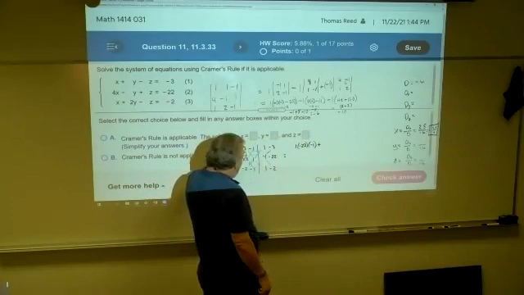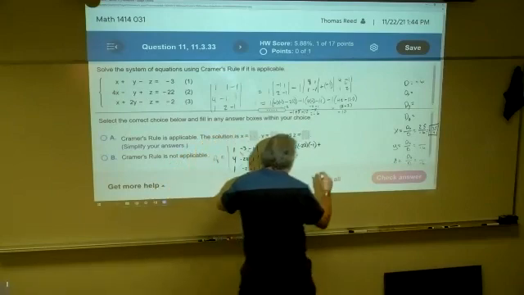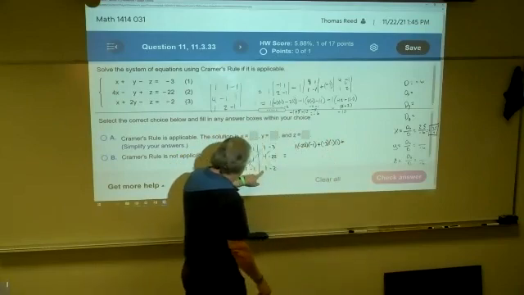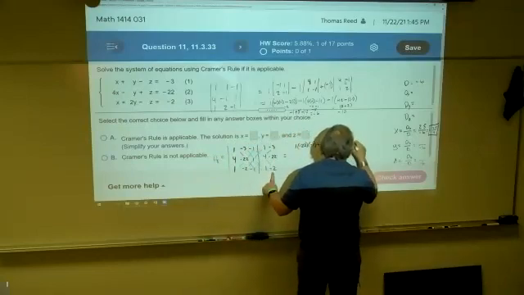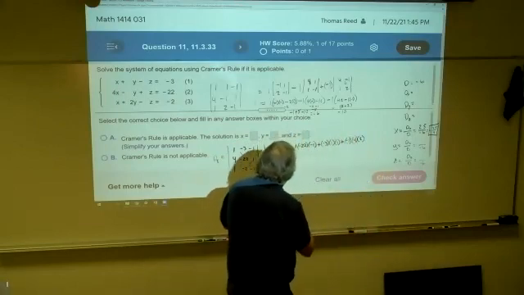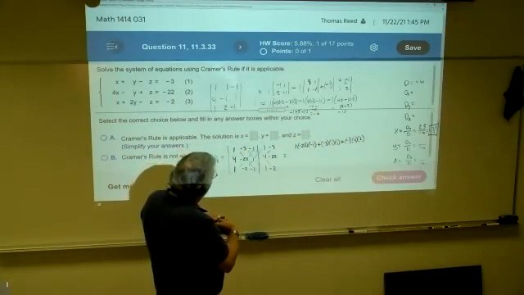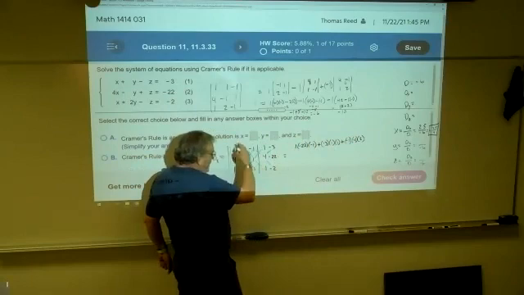It was not keeping track of my negative signs. So -3 times 1 times 1. That just ends up being -3. And then -1 times 4 times -2, so that's going to end up being a positive 8. Now we're done with the main diagonals, or the diagonals going in the main direction.